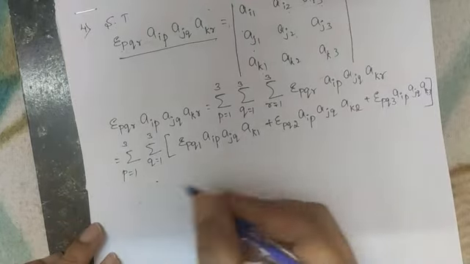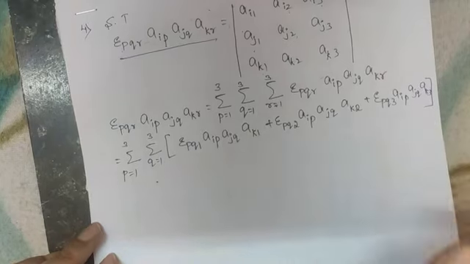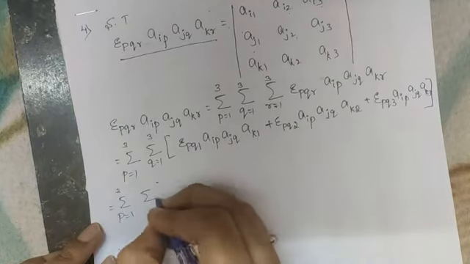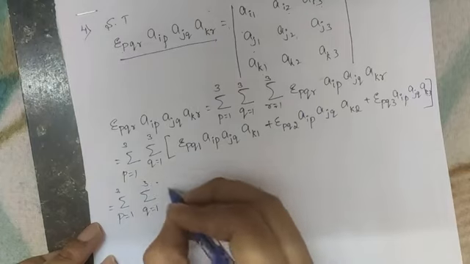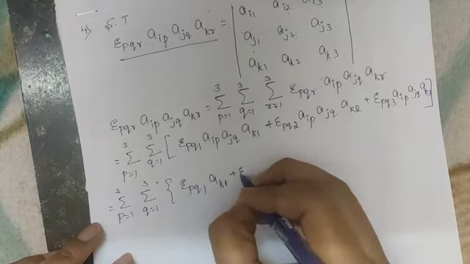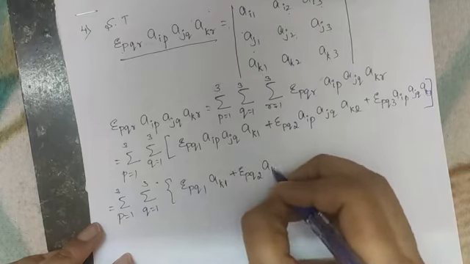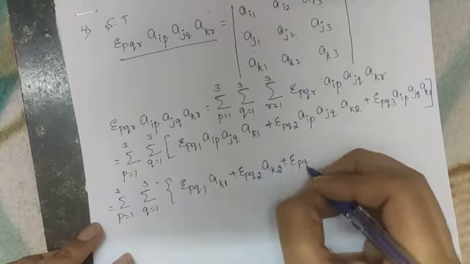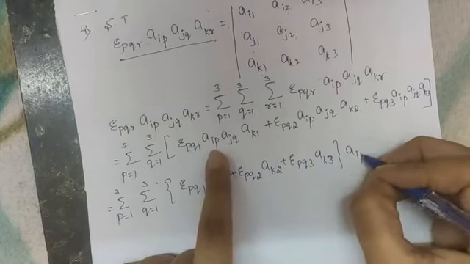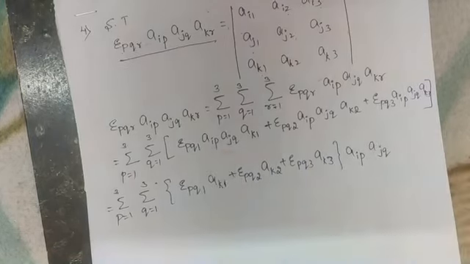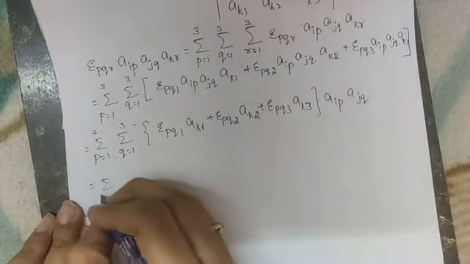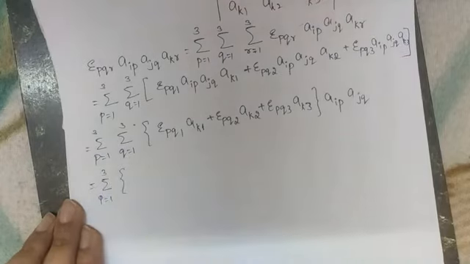We can simplify this further. That means I will write this whole term as summation p equals 1 to 3, summation q equals 1 to 3 of epsilon pq1 ak1 plus epsilon pq2 ak2 plus epsilon pq3 ak3, into aip ajq. Right? So now let's expand over q. Summation p equals 1 to 3 remains as it is.